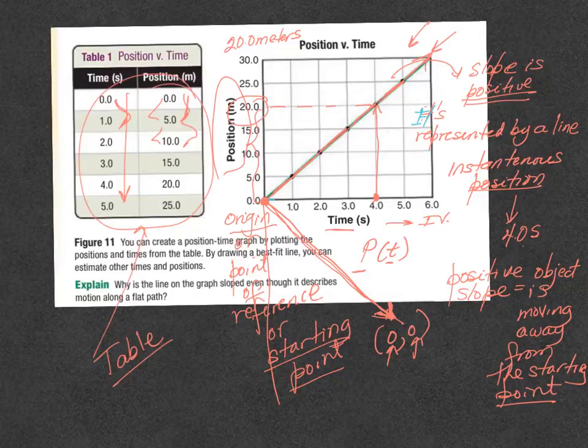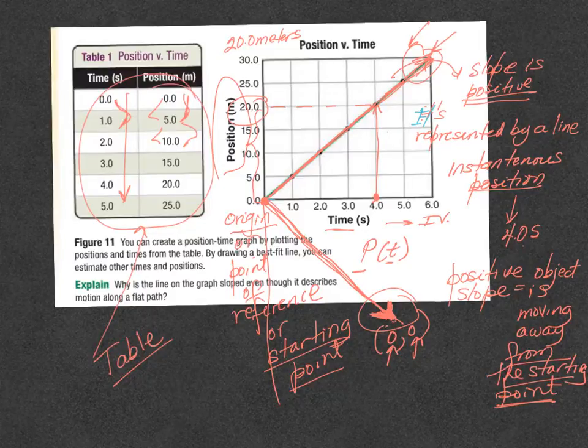Now, how do we know the difference between negative and positive slope to say that they are moving away? So I have to give you the direction. In this case, it was moving northeast. In this case, it was moving southeast.